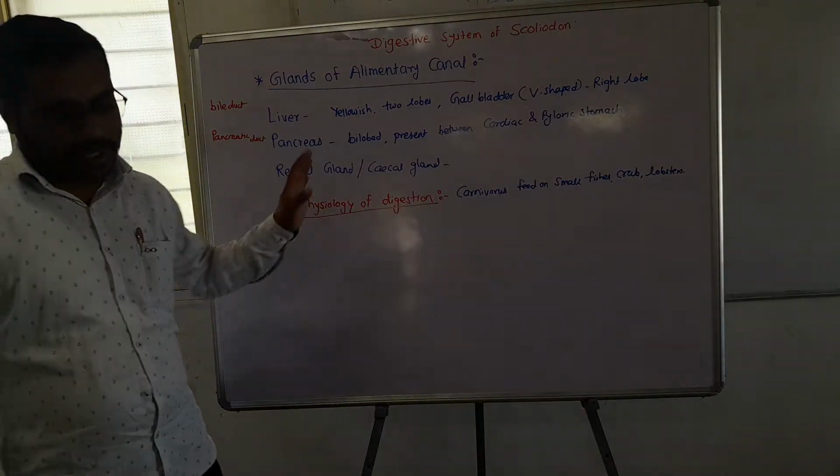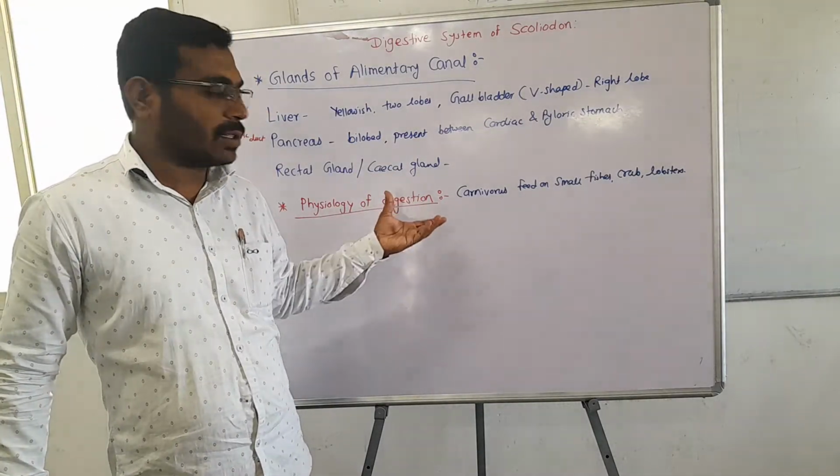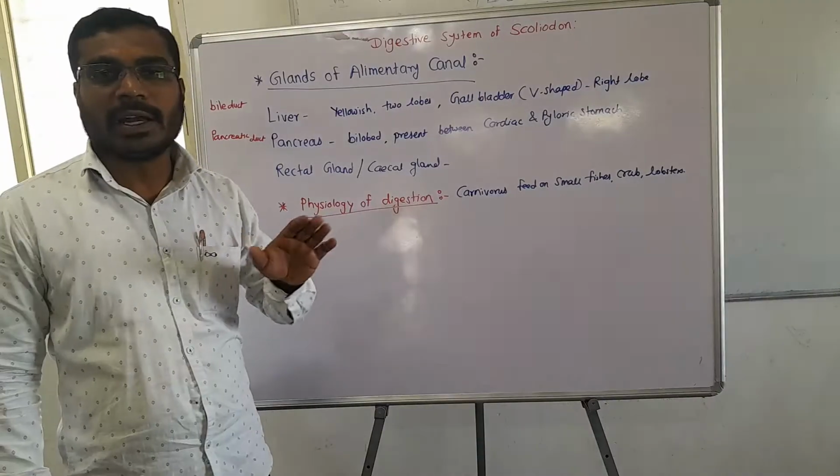As we studied, Scoliodon has homodont teeth in its jaws. These teeth are arranged in parallel rows.